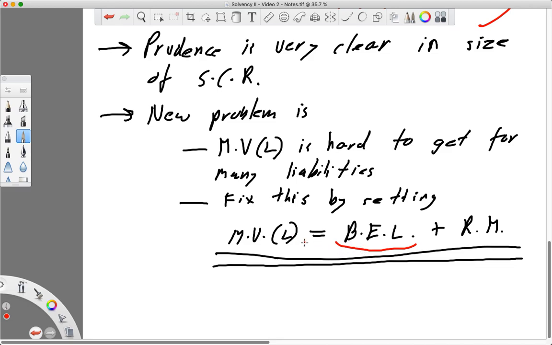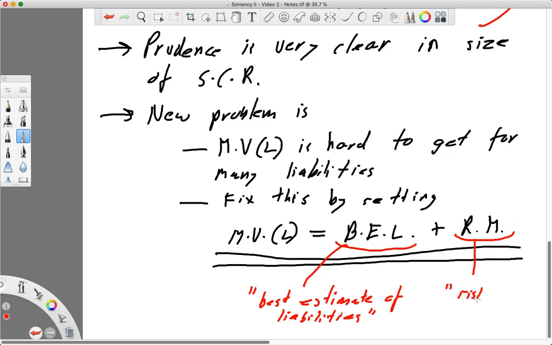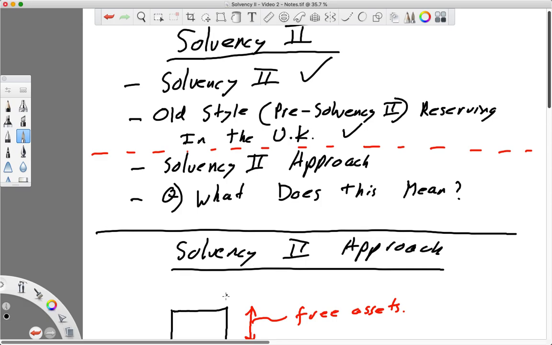This BEL stands for best estimate of liabilities, and this thing here is called the risk margin. Okay, let's define these two things a little bit further. So let's go up and give ourselves a bit more space again.